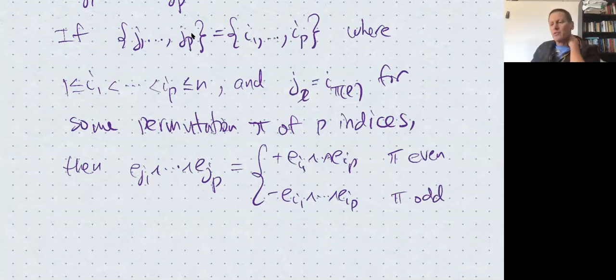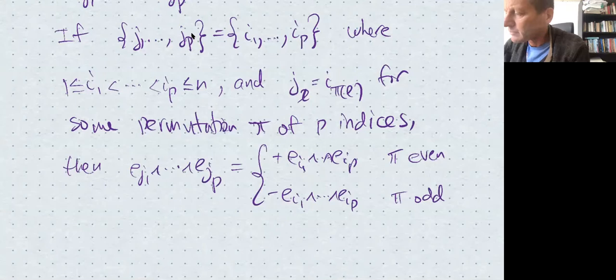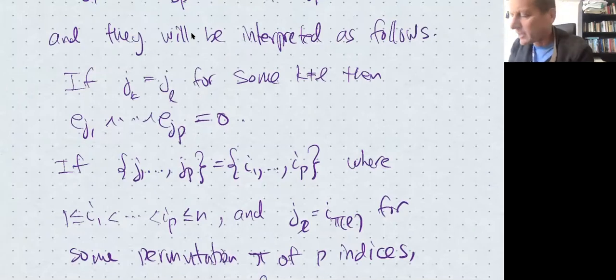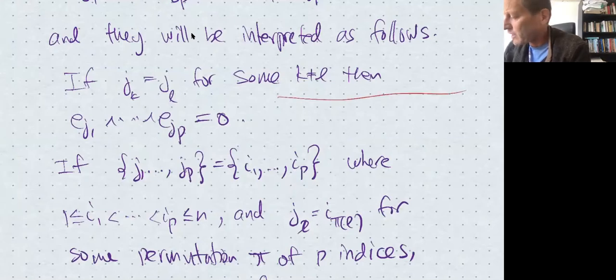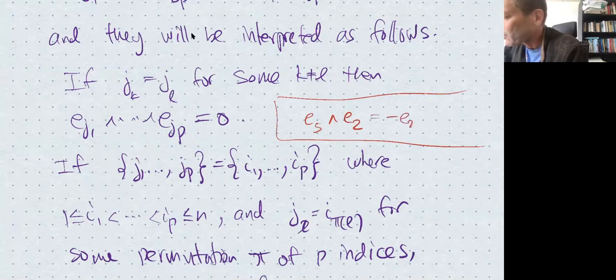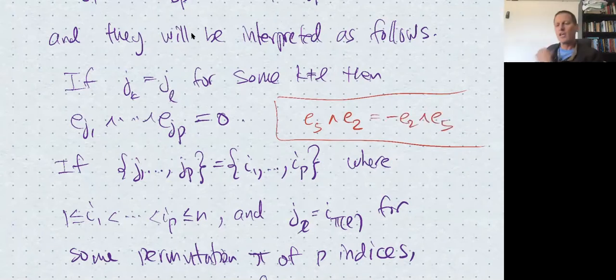Okay, so this is a complicated way of saying the following thing. If you see this kind of formal expression, you can simplify it. Whenever you see something like this, where the indices are in the wrong order, you just flip the order, and change the sign.